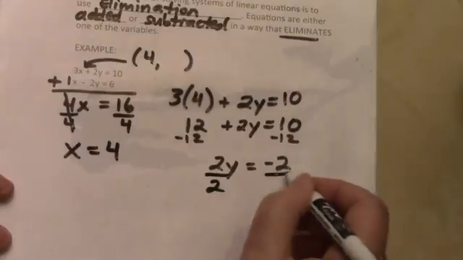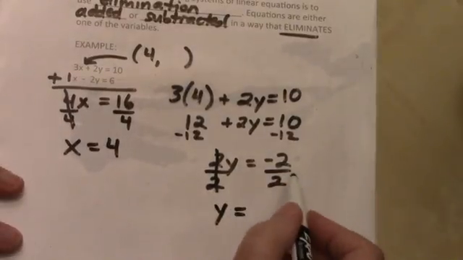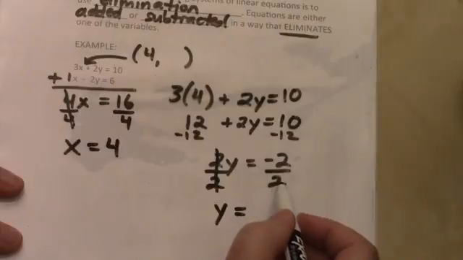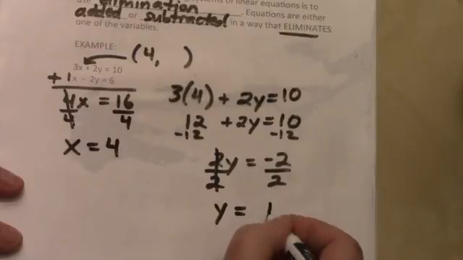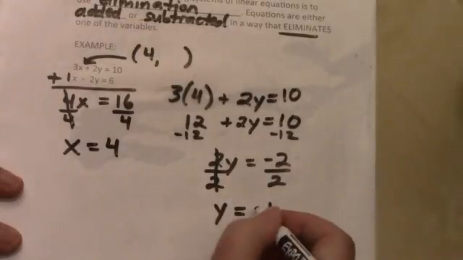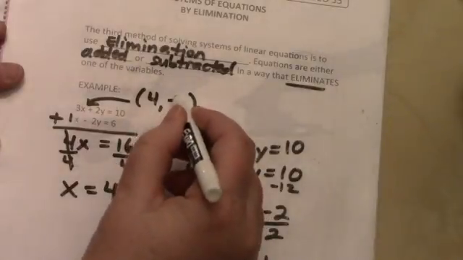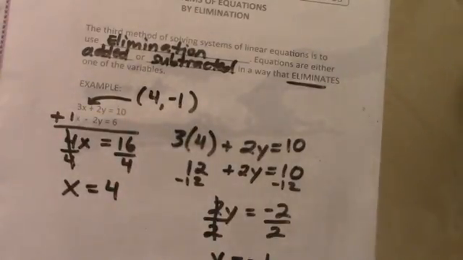And then I'm going to divide by 2, which gives me y equals negative 2 divided by 2. 2 divided by 2 is 1. But then when I have a negative being divided by a positive, my answer is negative 1. I now have my y value for the coordinate. So these two lines, when graphed, would intersect at the point 4, negative 1.